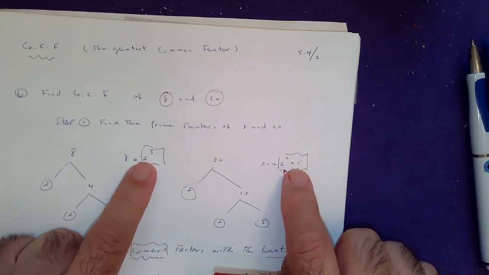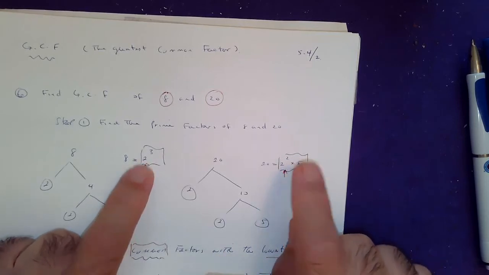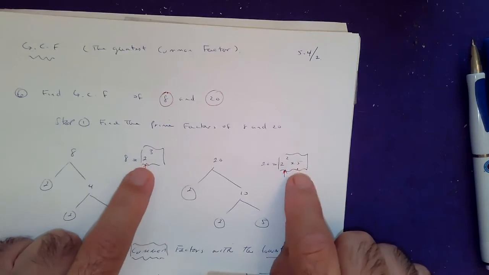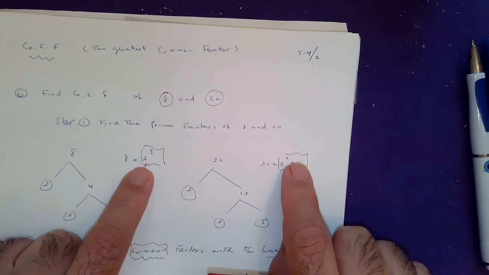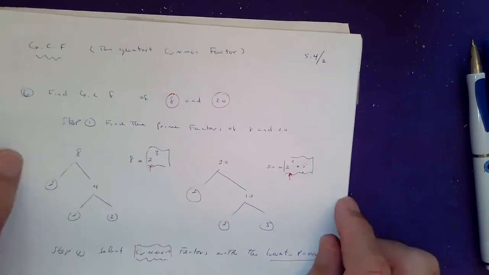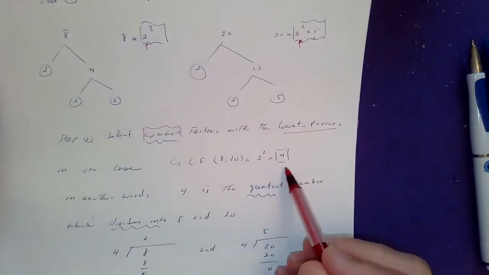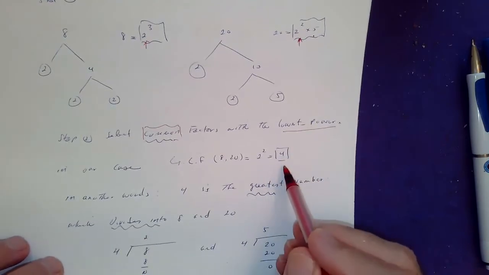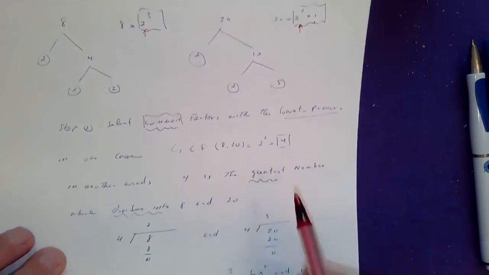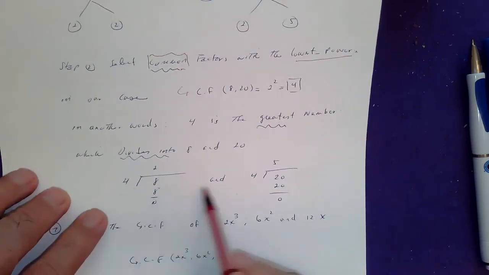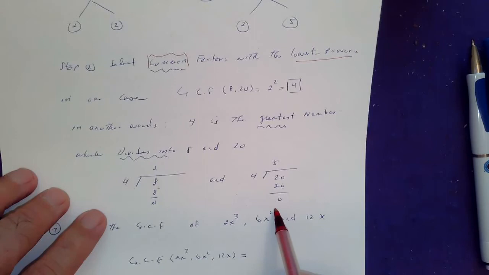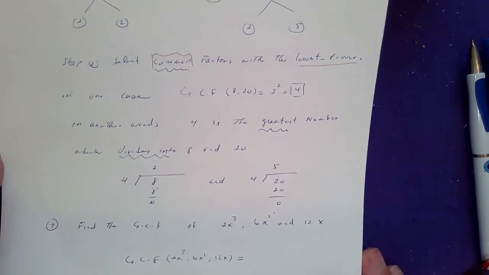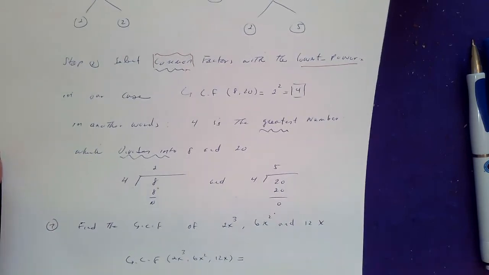So between 2 to the third and 2 to the 2, which are common between these two, I select the one with the lower power, which is 2 to the 2. Therefore, the greatest common factor is 4. This is the largest number which divides into 8 and 20 with no remainder. That's why they call it the greatest common factor.